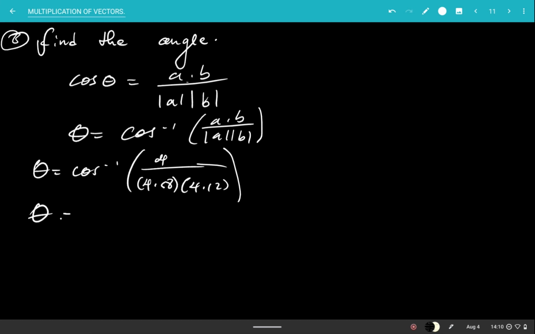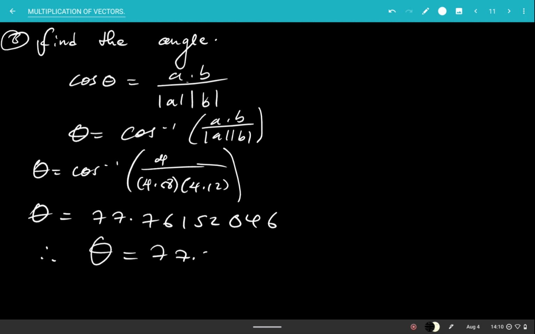Then theta is equal to 77.76152046. Therefore, theta to 2 decimal places is 77.76 degrees.